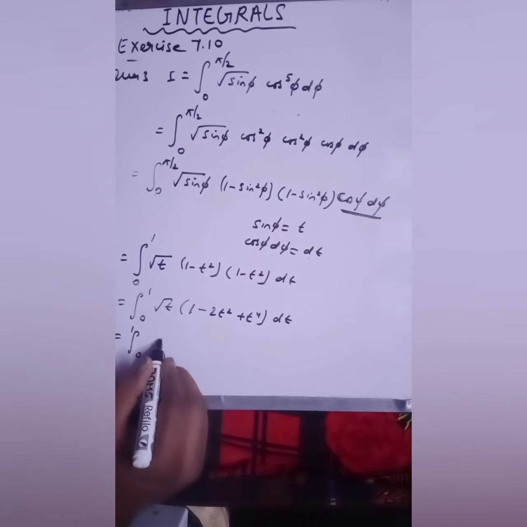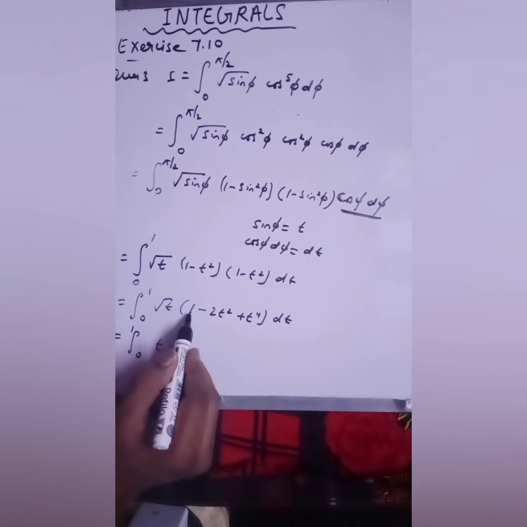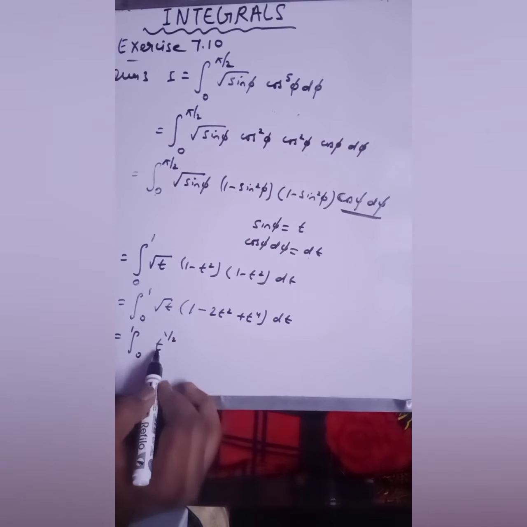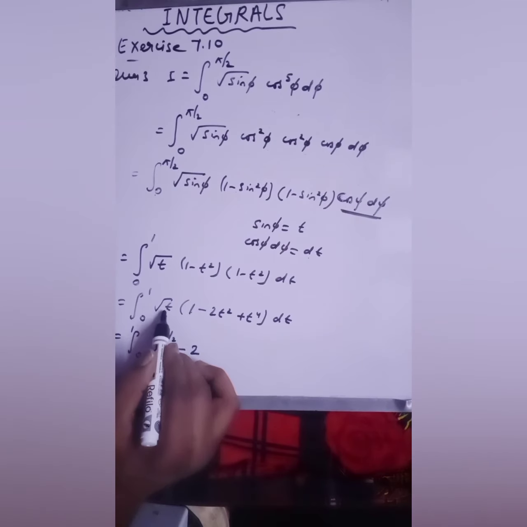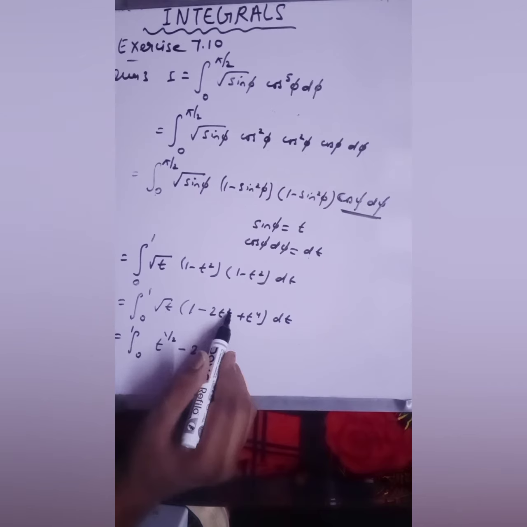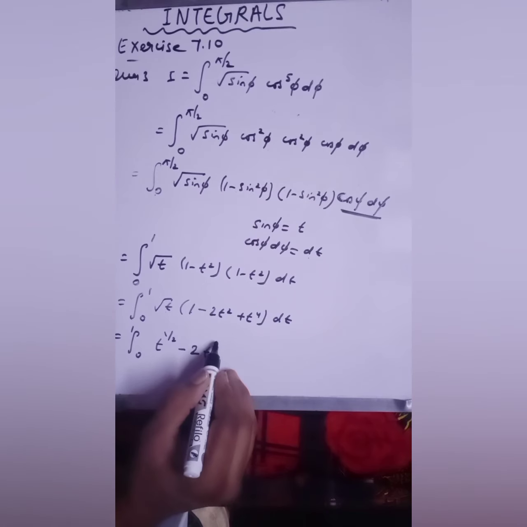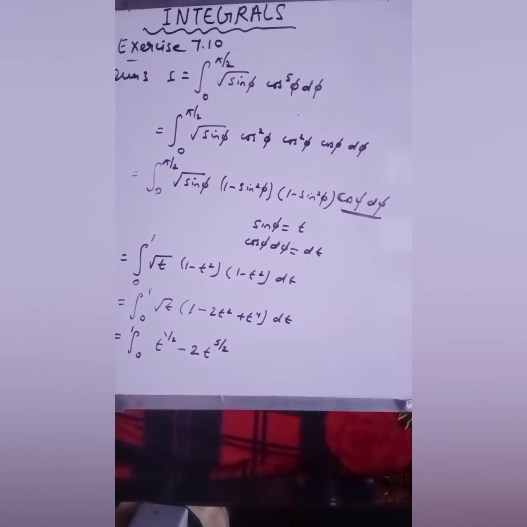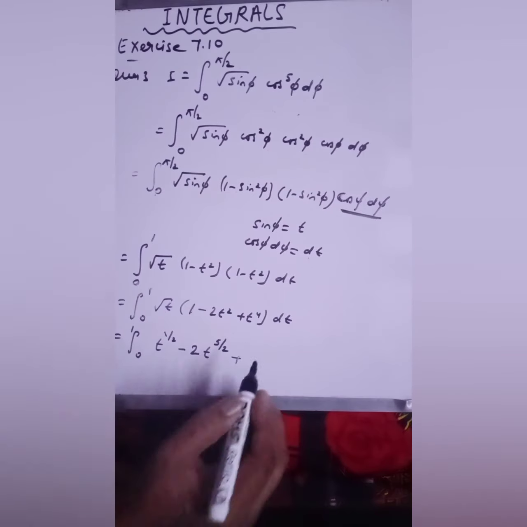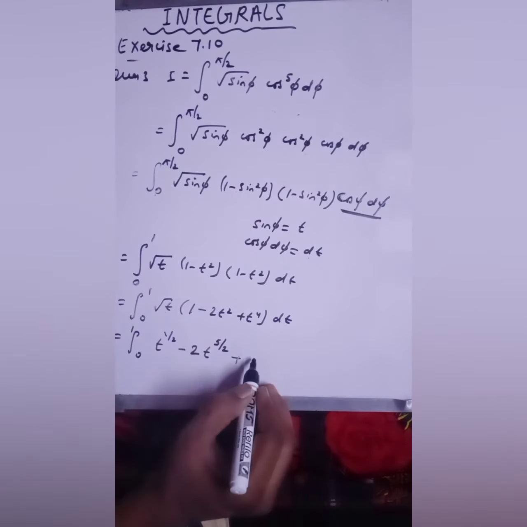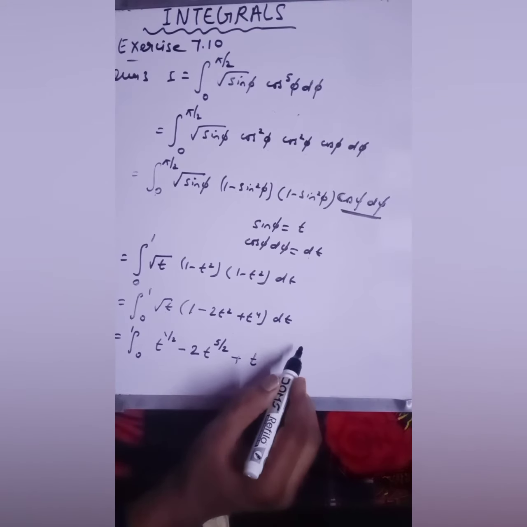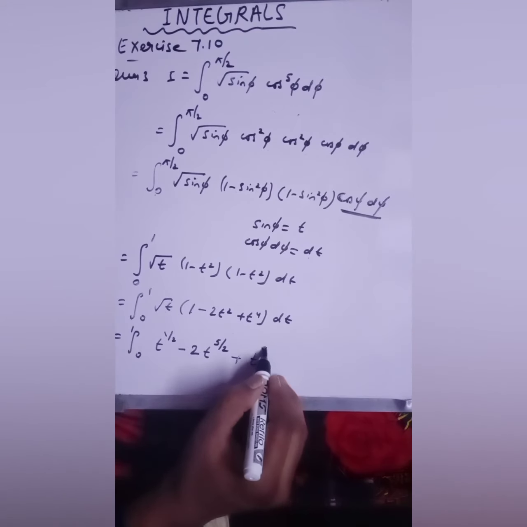When you multiply this root t with this 1, you will get t raised to power half, because root t can be written as t raised to power half, minus 2, and when you multiply these two, the power of t is 2, and multiplying root t with this, you will get t raised to power 5 by 2, plus, when you multiply this t raised to power half with t raised to power 4, you will get 4 plus half, that is 9 by 2, into dt.